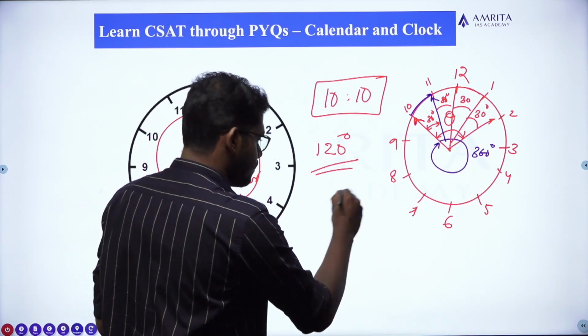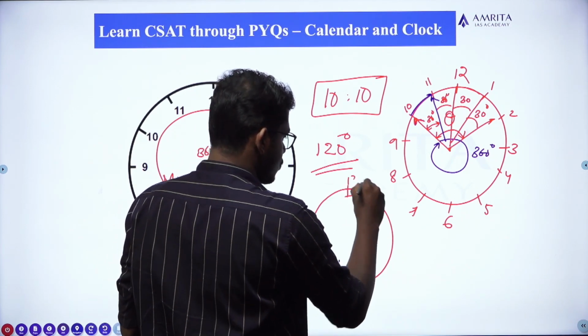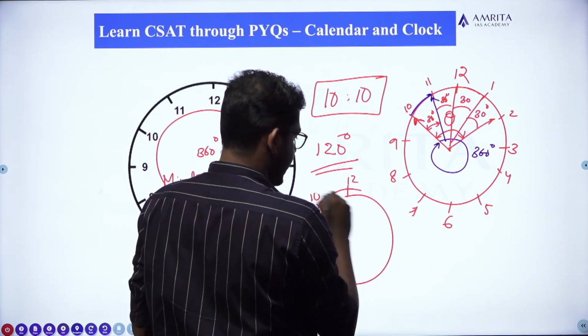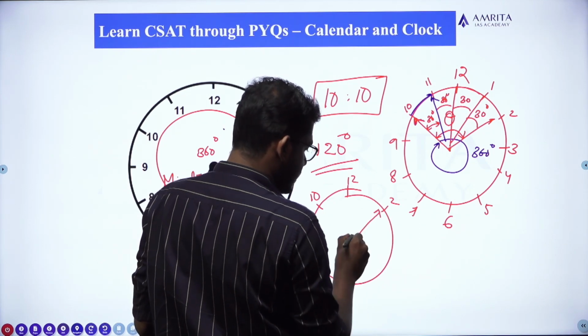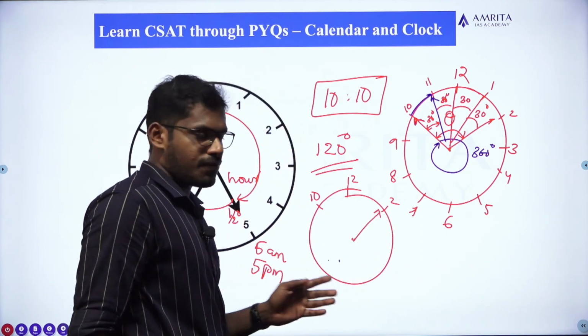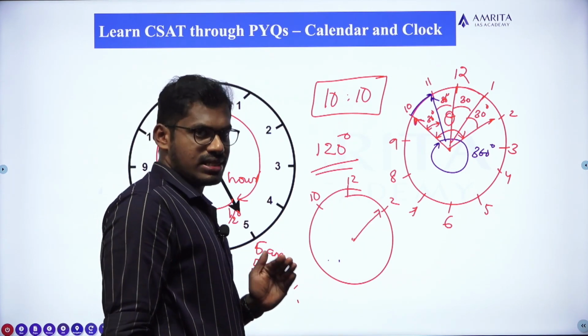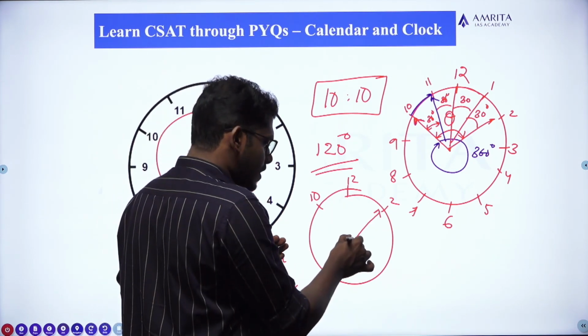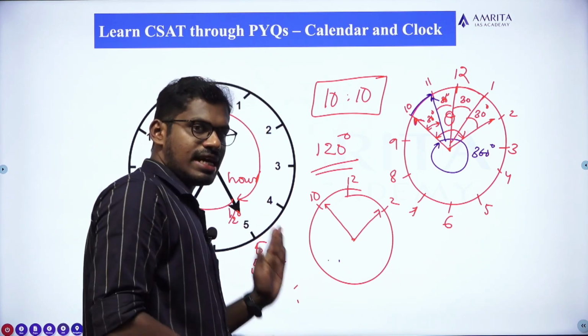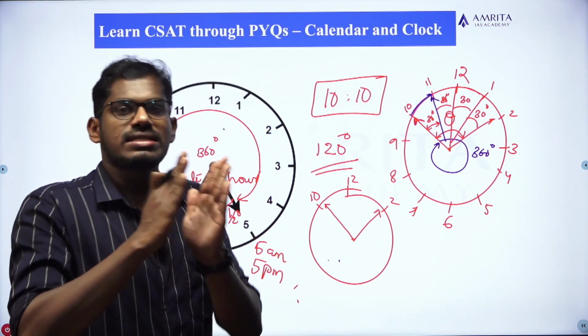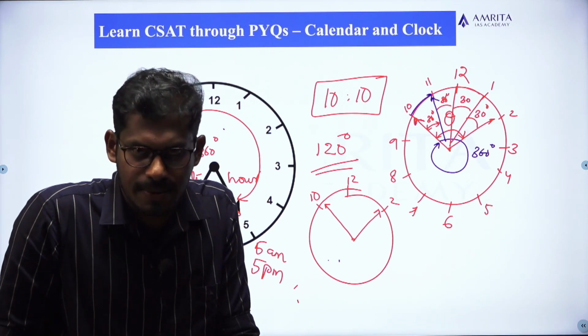For example, this is 12, this is 10, this is 2. So at the time 10:10, the minute hand will definitely be towards the digit 2, but the hour hand will not be directly towards the digit 10. Instead, it will be tilted slightly towards the right of 10.